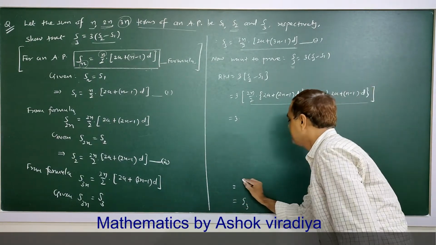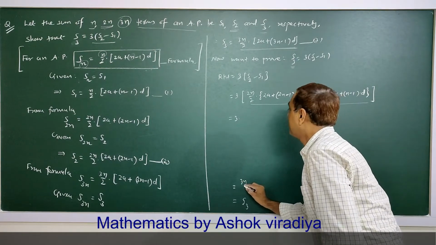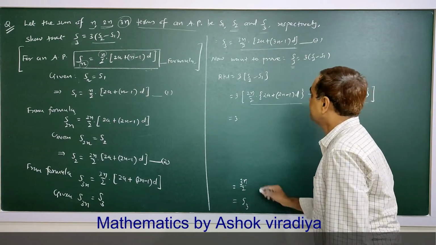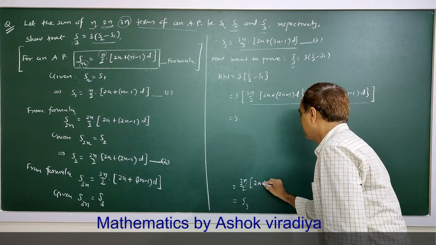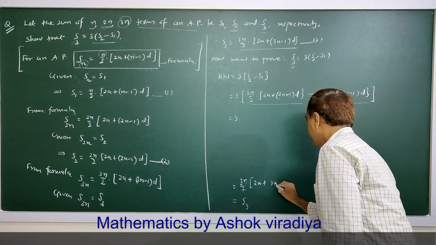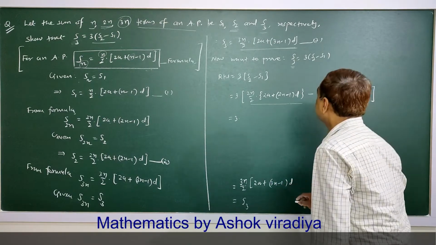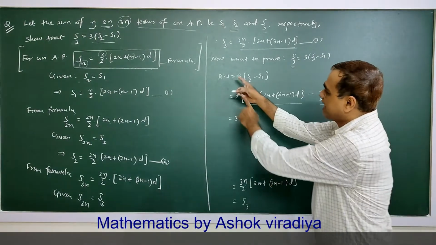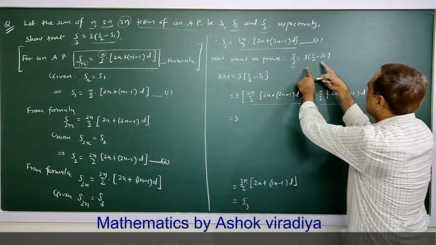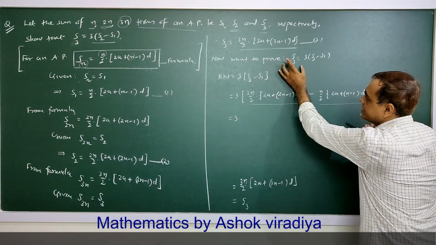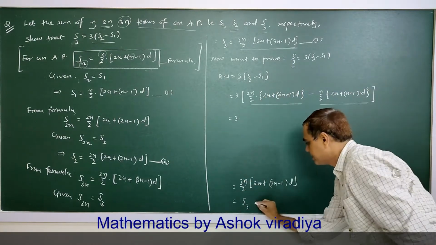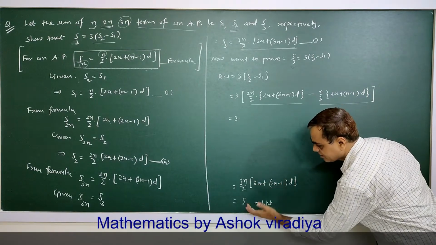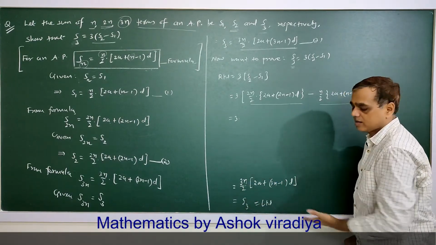S3 means we want 3n by 2 into 2a plus 3n minus 1 times d. So beginning from RHS to derive it is equal to LHS. This is LHS. We have to derive this expression in the last step.